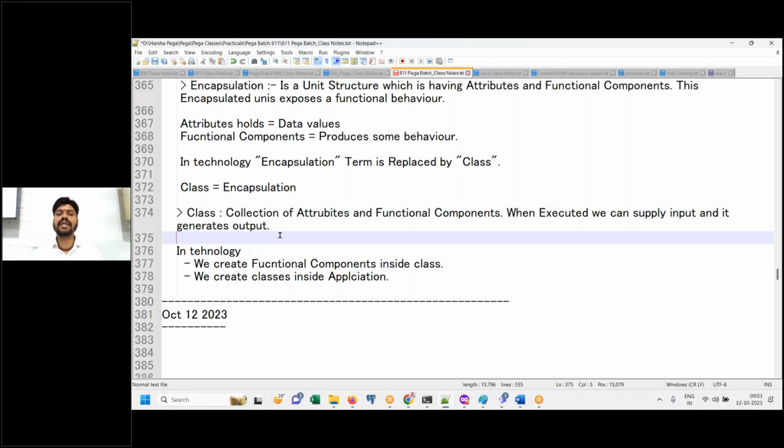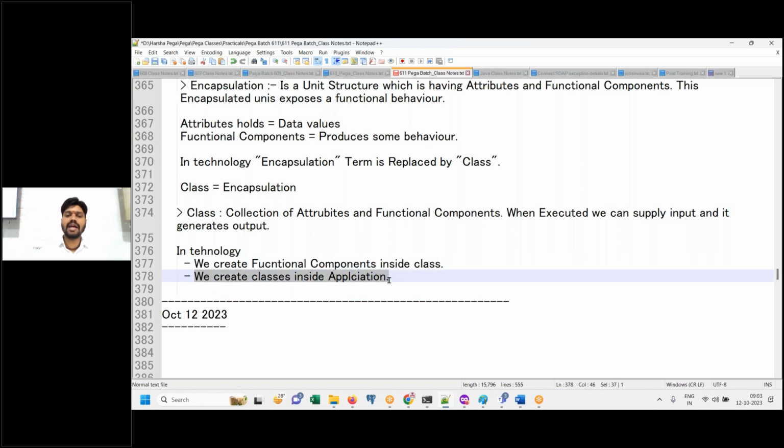Class is a collection of attributes and functional components. When executed, we can supply input and it generates the proper output, so all the functional components get executed. So in technology, we create functional components inside classes and we create classes inside an application. We already discussed this.